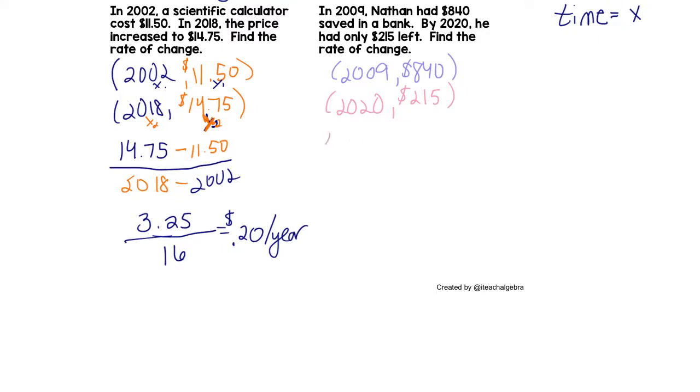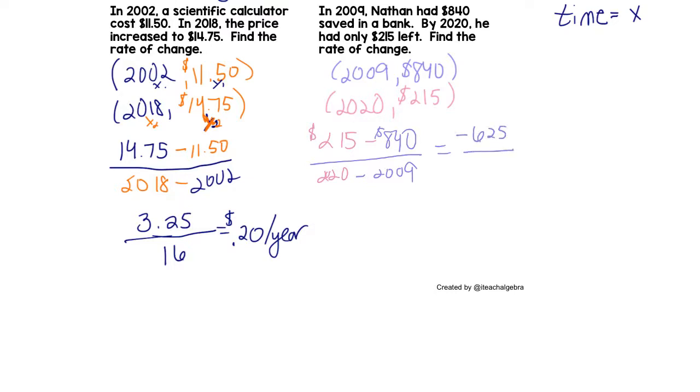We've got y2, 215 minus 840 divided by 2020 minus 2009. Holy cow, can't write today. So let's do a little bit of simplifying. 215 minus 840 is negative 625.